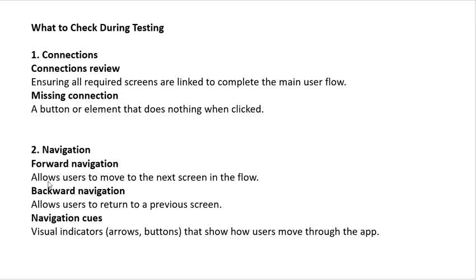Forward navigation allows the user to move to the next screen in the flow, and backward navigation allows the user to return to the previous screens. Navigation cues such as arrow buttons are visual indicators that show how the users move through the app.